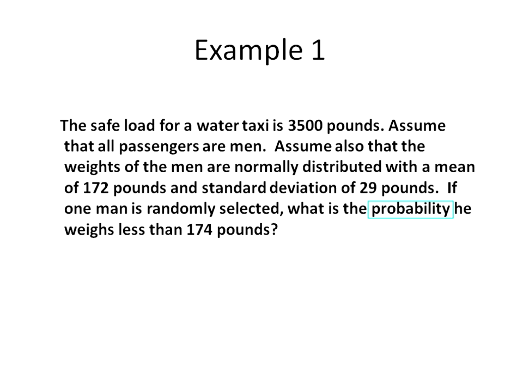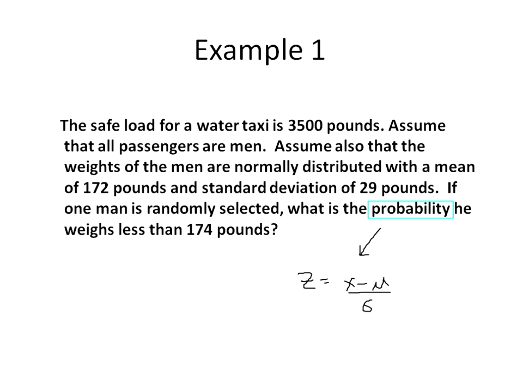And when we're asked to find the probability and the mean is something other than 0 and the standard deviation is something other than 1, then we have to use that transformation formula.